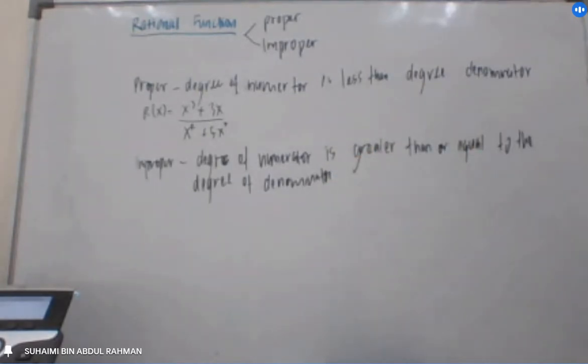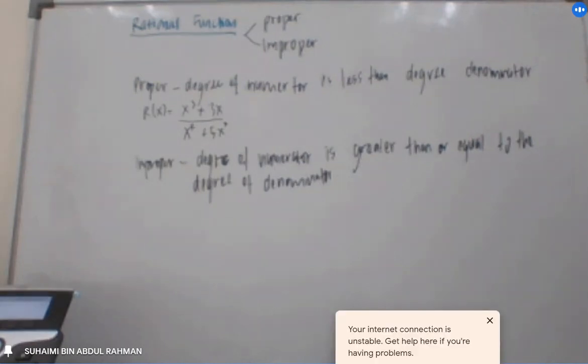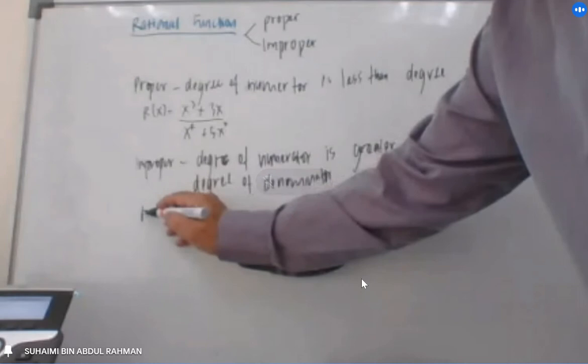So when you look at the degree of numerator greater than or maybe equal to the degree of denominator, this is an improper rational function.